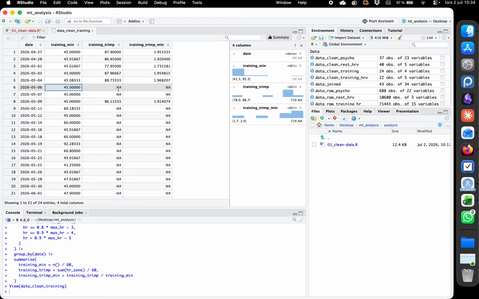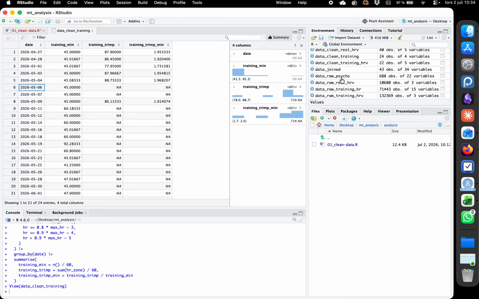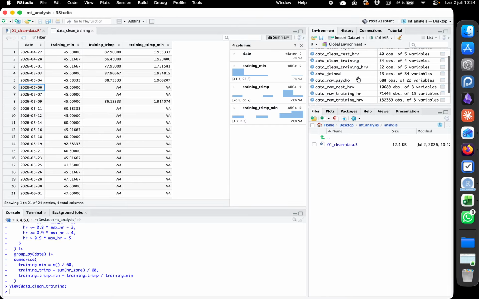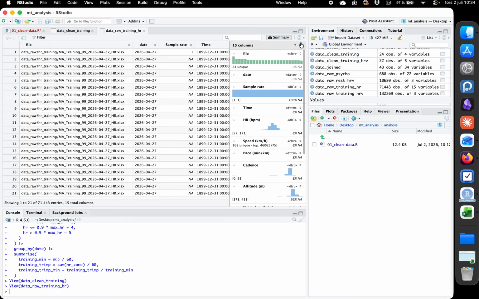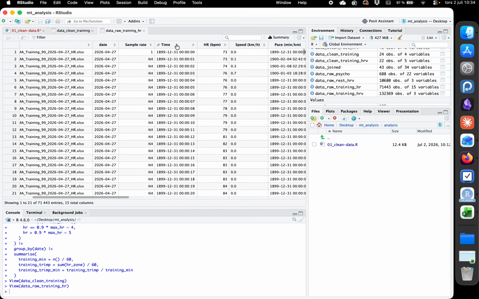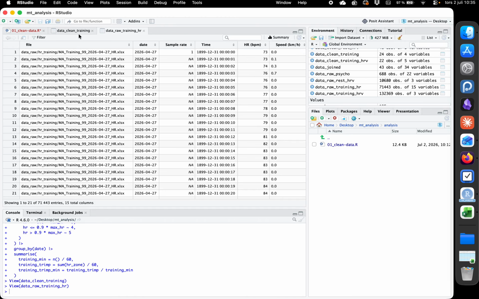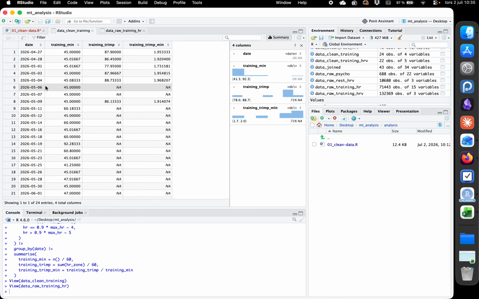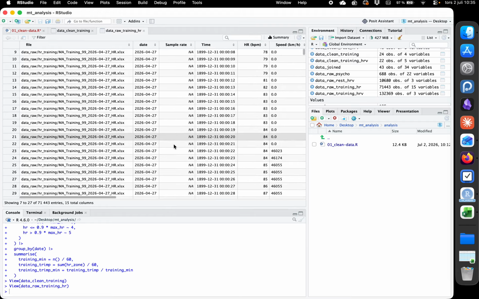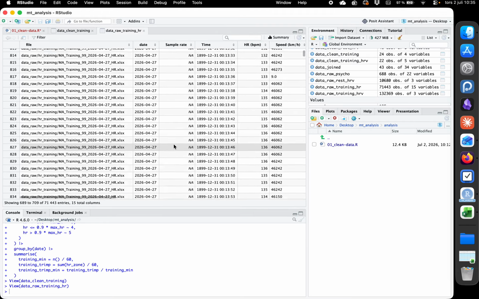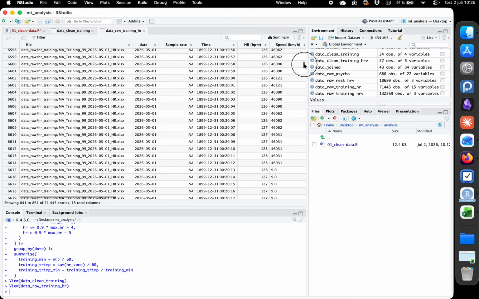And the reason for this is, if we take this day and look in the raw data, data raw training HR, and then we look at the date, we said that we're going to look at the 6th of May, so we just scroll down here, probably quite a long bit.